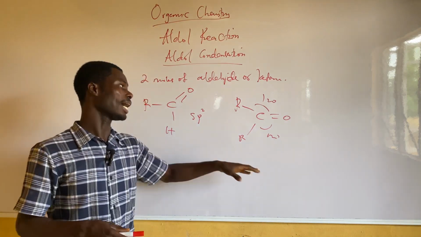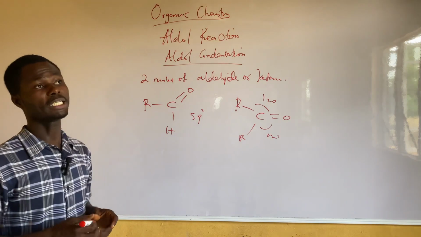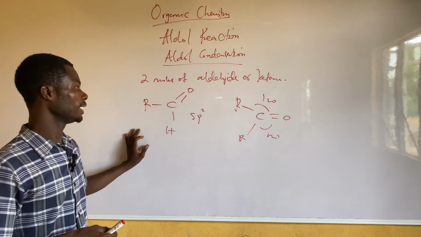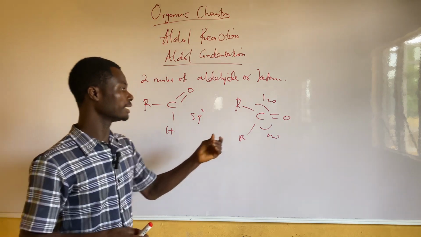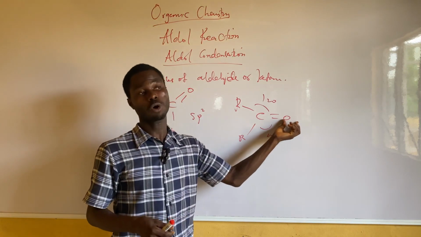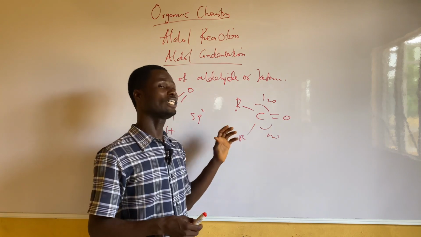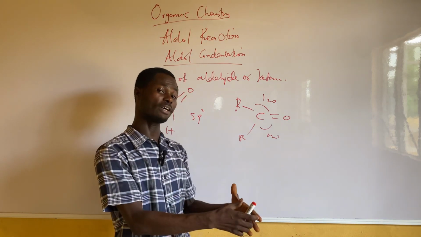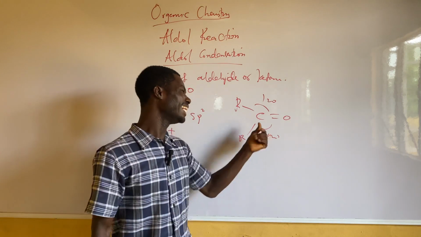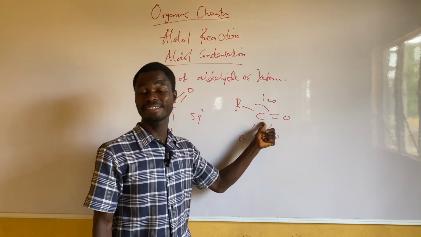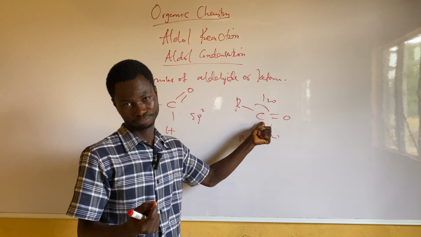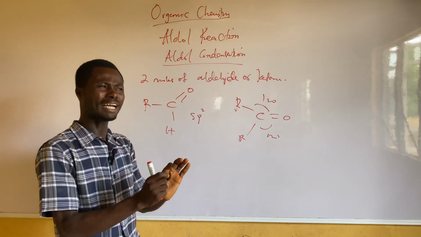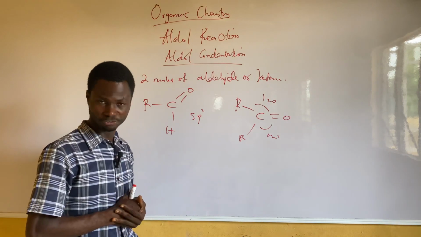And one of the things you have studied in the chemistry of aldehydes and ketones is that this highly electronegative atom, oxygen, by inductive effect, draws electron in the double bond more toward itself, leaving this carbon atom partially positive. You have to note that, okay? That is one essential carbonyl chemistry you must not forget.